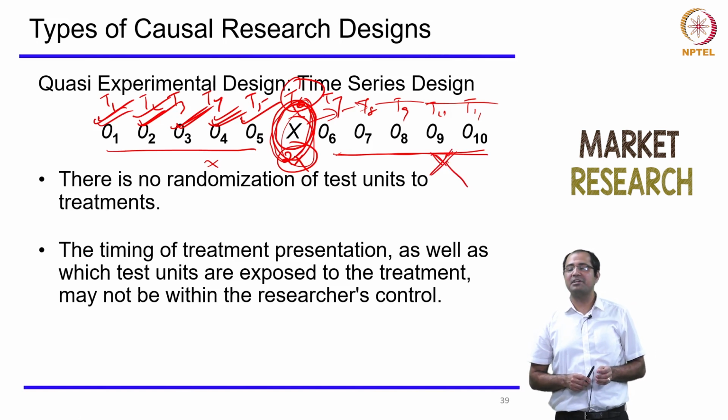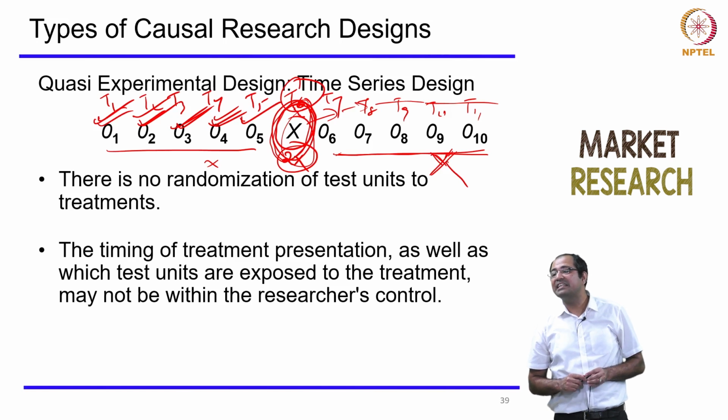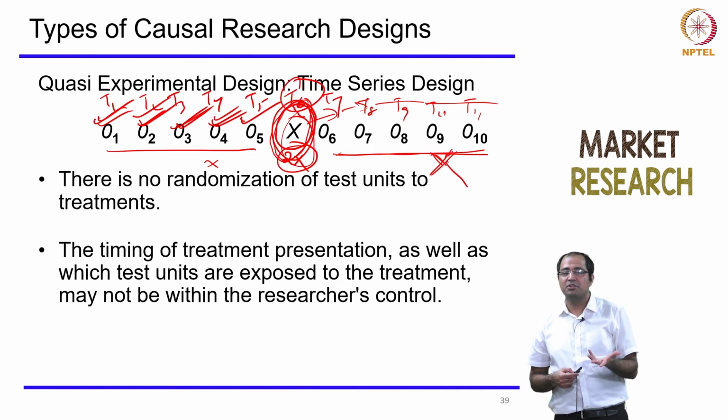This is an example of quasi-experimental design, which you conduct in the field when you don't know when your respondents will see the advertisement, when the channel will give them the advertisement. So you will have to do quasi-experimental, moving forward, because you do not have control.